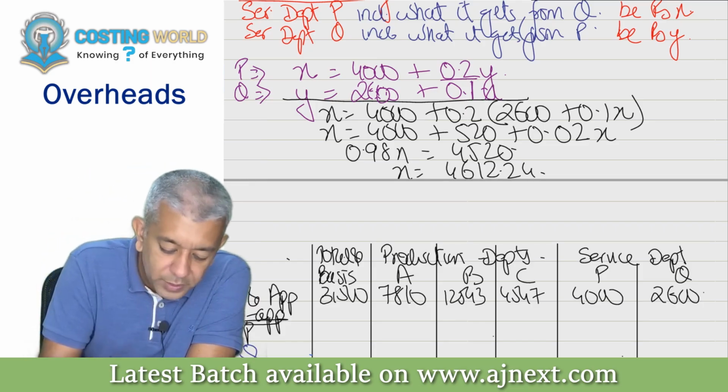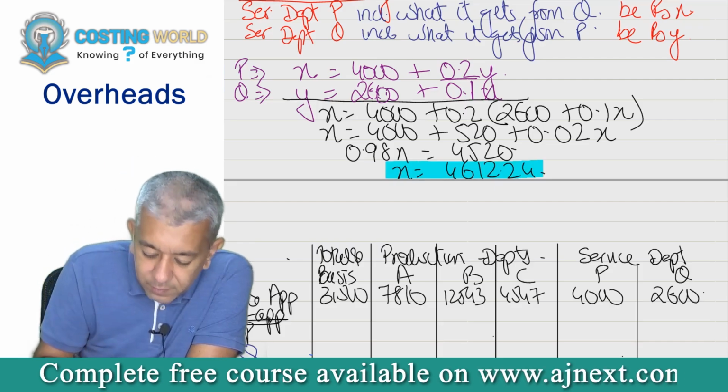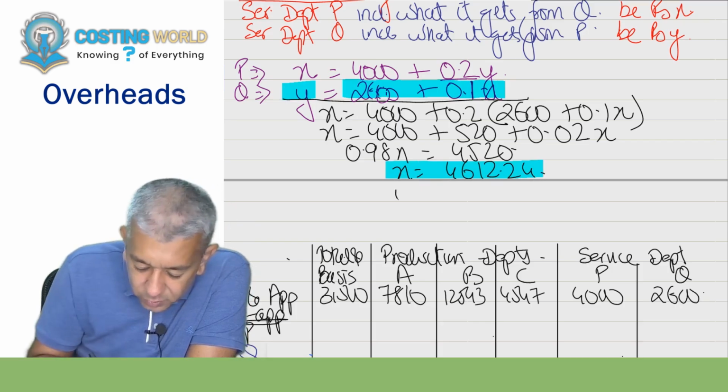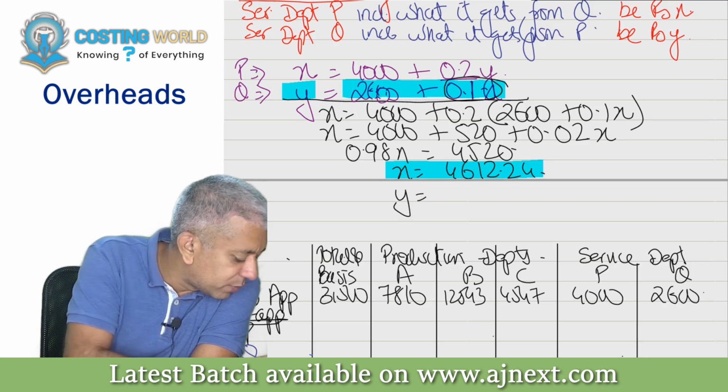Now, what to do? Directly take this figure, whichever is there on your calci at this particular time. Put that in the second equation. You will directly get y value. So, therefore, do one thing. Multiply the figure that you all have on your calci by 0.1.